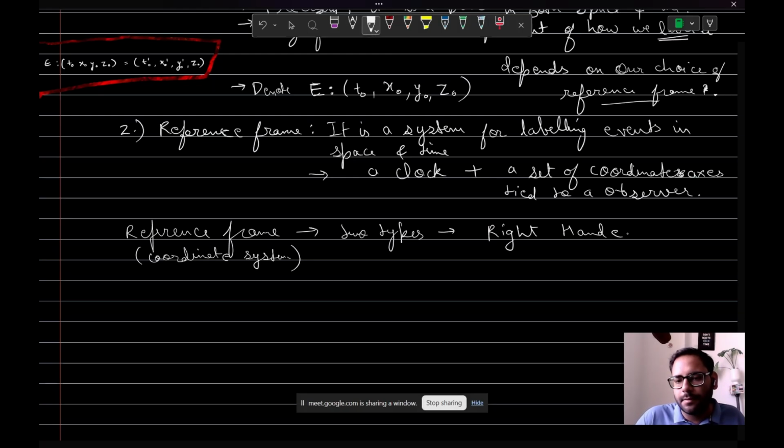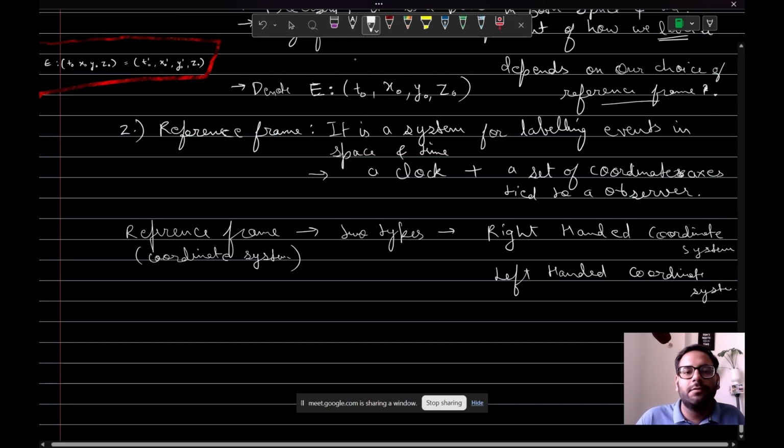Right-handed coordinate system and left-handed coordinate system. Fine. And can any one of you tell me what is the difference?